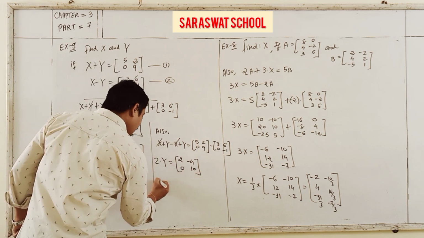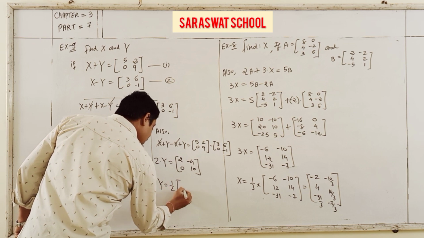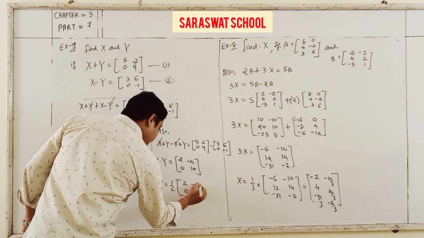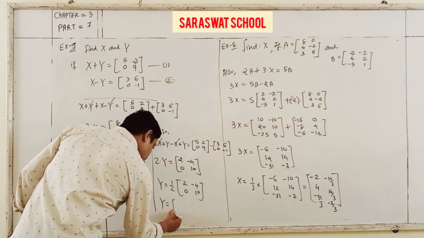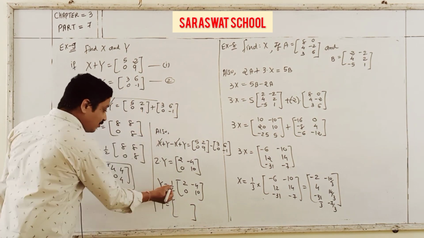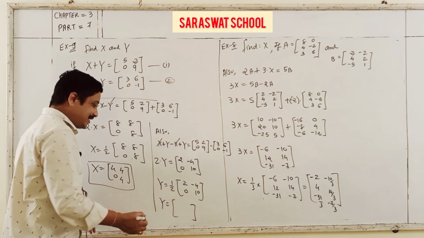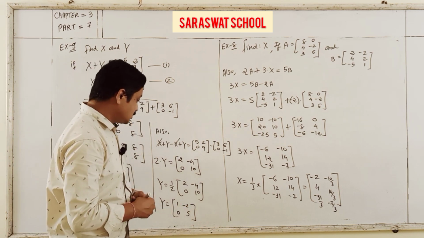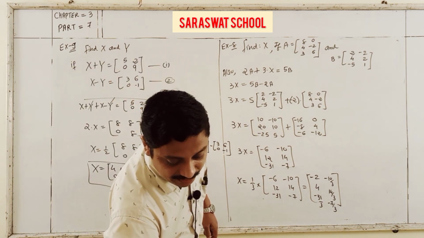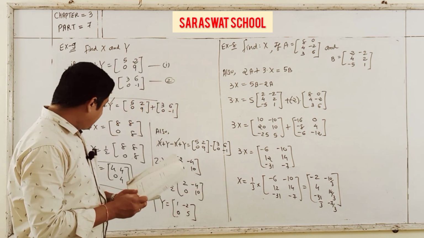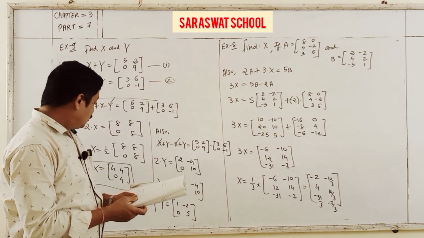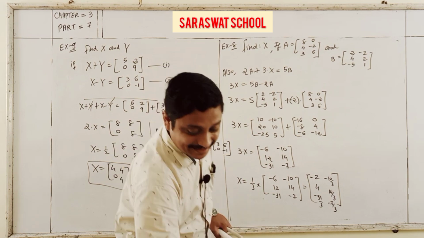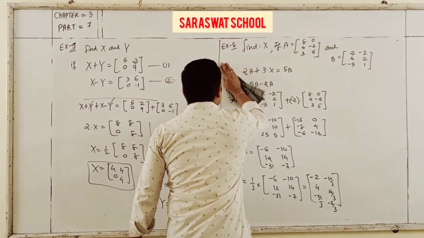So that should be your final answer. It is a half of 2 minus 6 2 10, and the last answer is covered by half only, divided. It means 2 divided by 2 is 1, minus 6 divided by 2 is minus 3, 1 and 5. That's your final answer, 1 minus 3 1 5, and X is 4 4 0 4. It's absolutely correct.